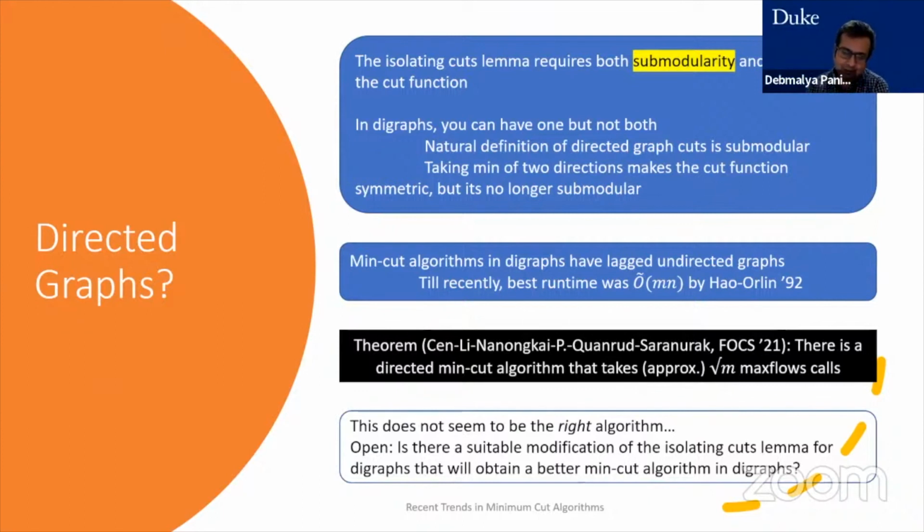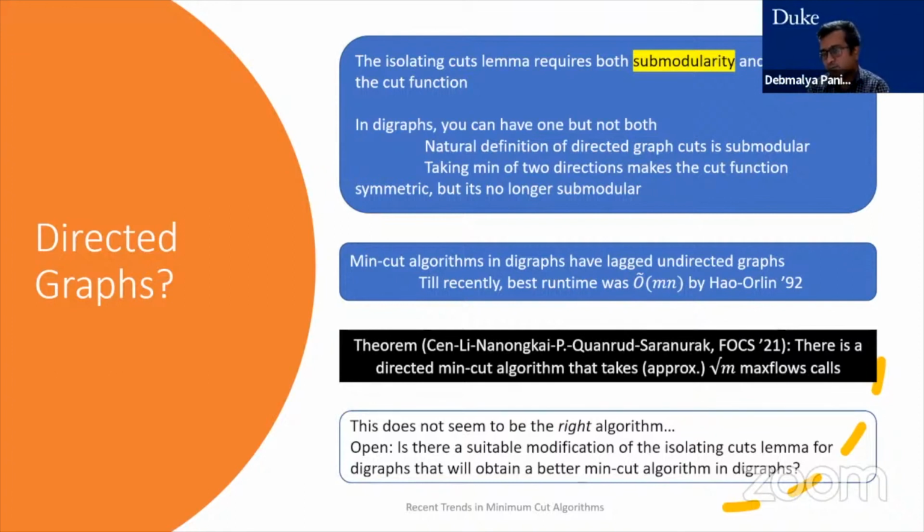At its heart, what the isolating cuts lemma needs is submodularity and symmetry. It's not really a property of graphs in an abstract sense. If you have a symmetric and submodular function, then it's a way of minimizing that function.